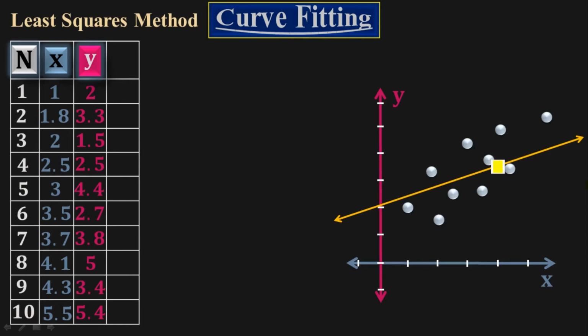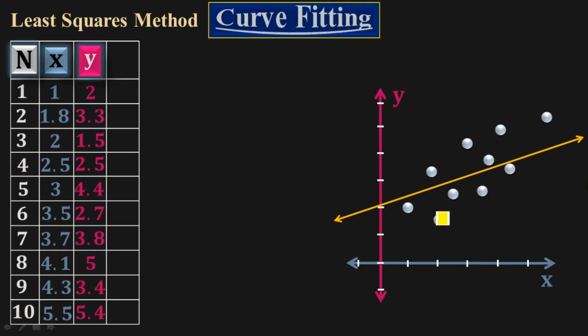But I have a problem with the other points. When you look at this point compared to it, it is a bit farther from the curve. When you compare this point with this one, they're approximately equally away from the curve, but this point is a little bit farther away.